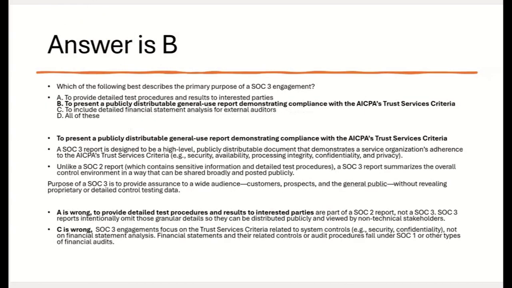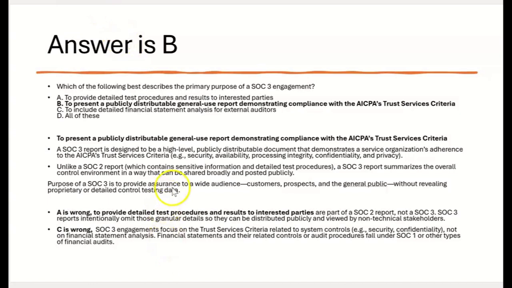And the answer is B, to present a publicly distributable general use report demonstrating compliance with the AICPA's trust services criteria. Because a SOC 3 is designed to be a high-level, publicly distributable document that demonstrates a service organization's adherence to the AICPA's trust services criteria: security, availability, processing integrity, confidentiality, and privacy.